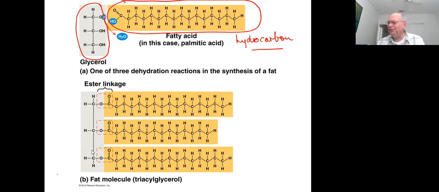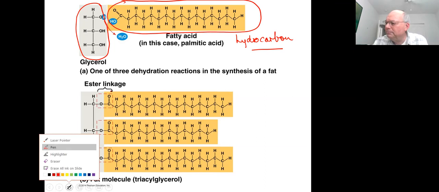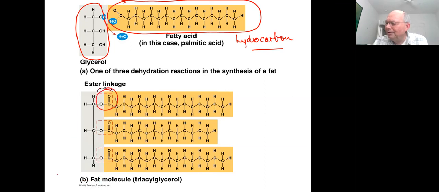It is the linkage between the carboxyl group and the alcohol group as a consequence of taking the hydrogen off the alcohol group and the hydroxyl of the acid group. And this is our ester linkage. So that's the ester linkage that links the fatty acid to the glycerol backbone.